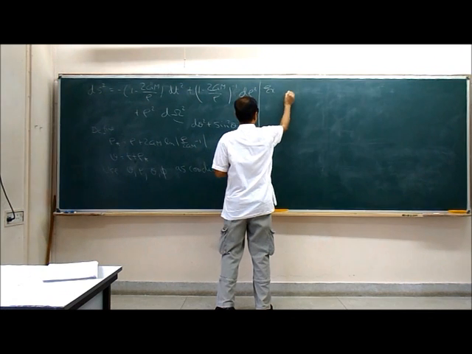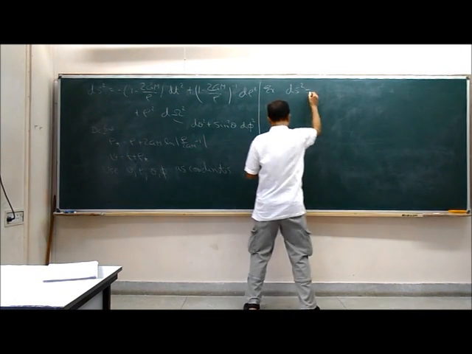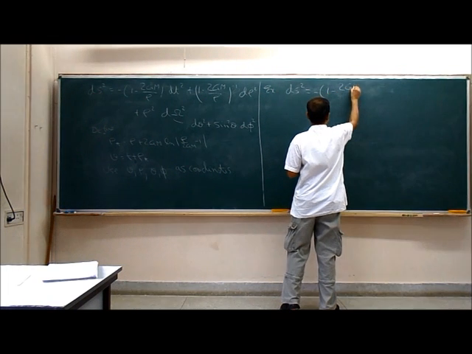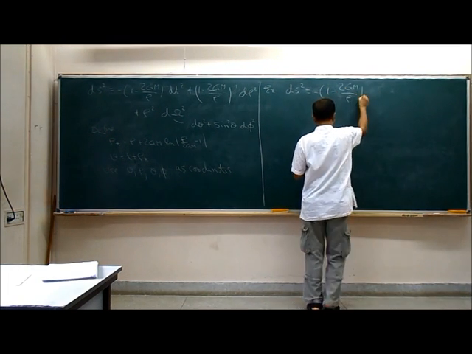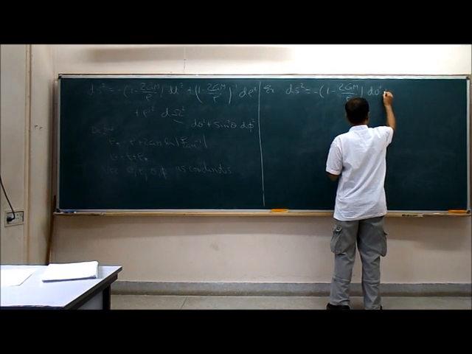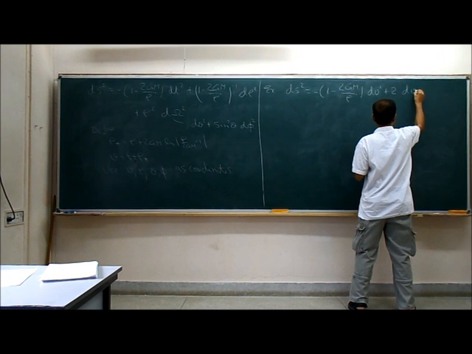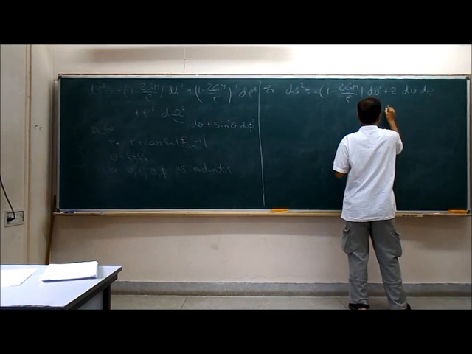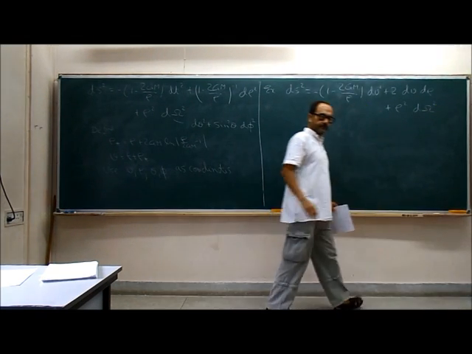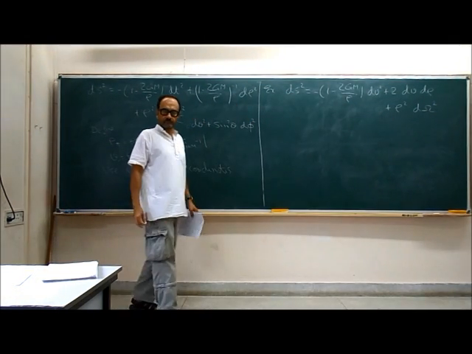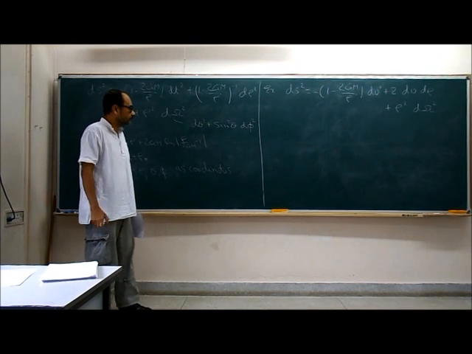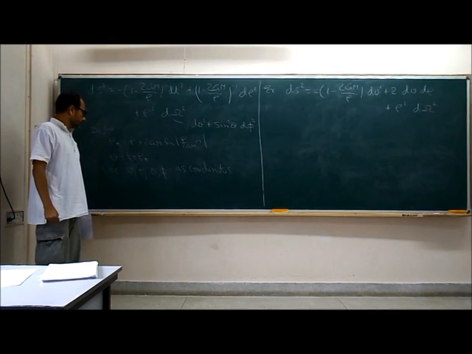So the exercise is to check that ds square in this coordinate system is minus (1 minus 2GM by rho) dv square plus 2 dv d rho plus rho square d omega square.